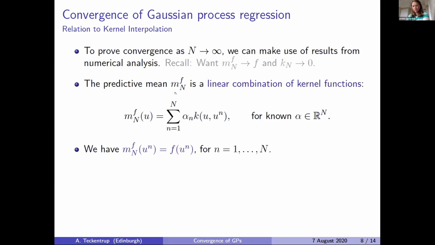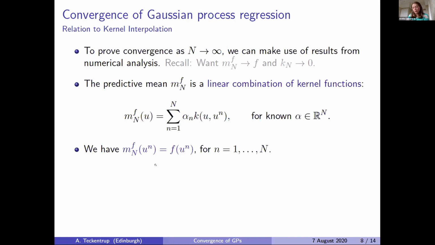I told you there is an explicit formula for it, right? You can look at that formula, and what you see is that it can be written in this form. What this means is that the mean m is a linear combination of kernel functions. You have this kernel k here, which was the prior covariance kernel, and then m is just a linear combination of these functions k, where the coefficients alpha are known.